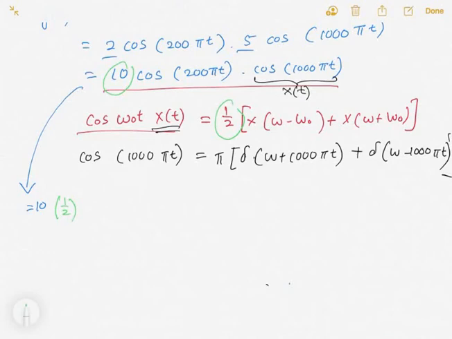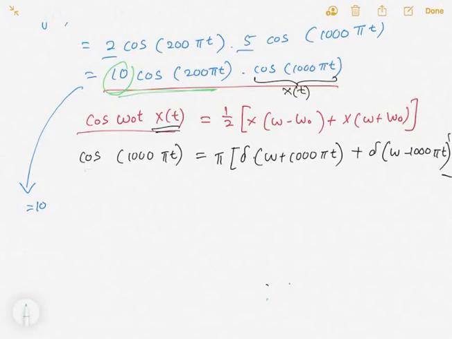Because that one is 10 cos, cos refers to this part, right? Okay, maybe I should do it this way first. So 10 cos 200 pi t.